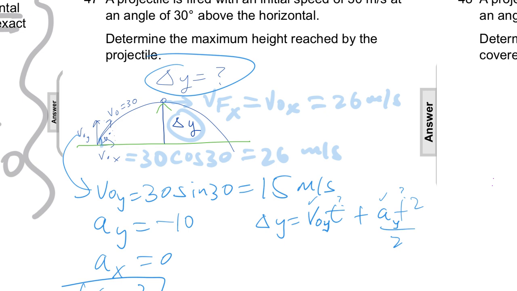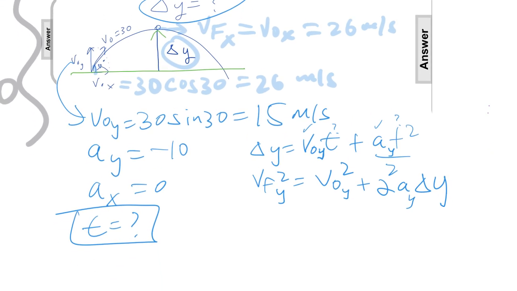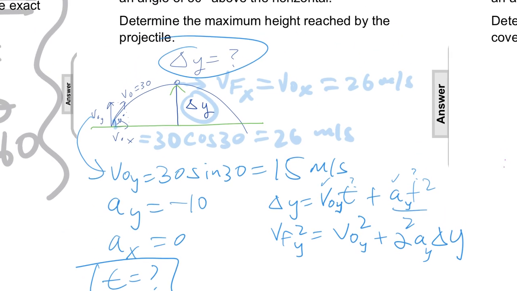Okay, so let's try a different equation with y values. How about VF squared equals VO squared plus 2A delta y. I'm using the y values, so it'll be delta y. This looks good. VFY squared, I know, is 0. That's important. Do you understand that?